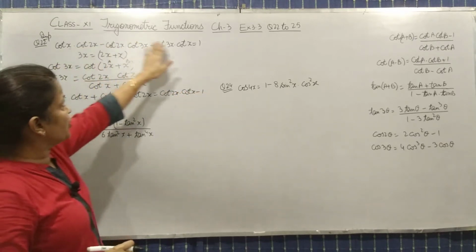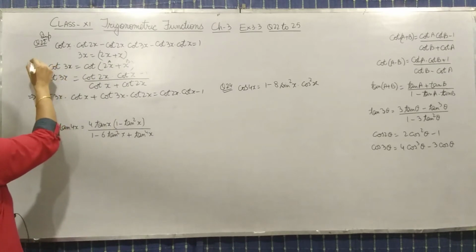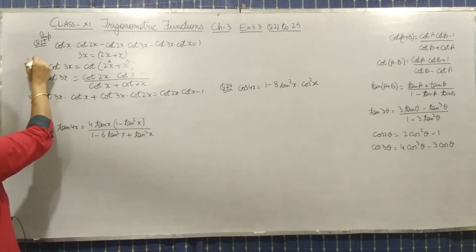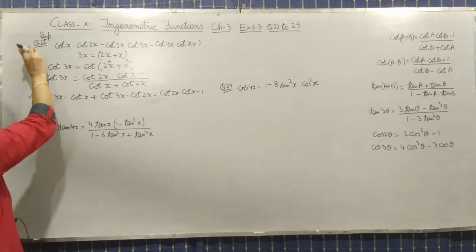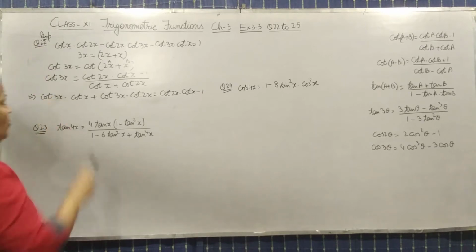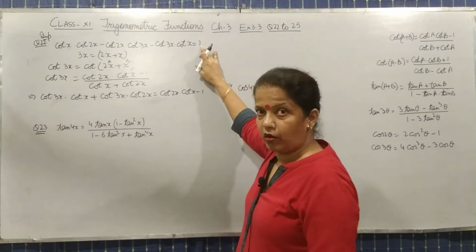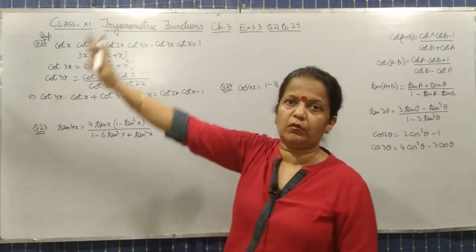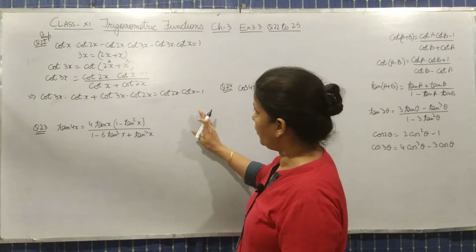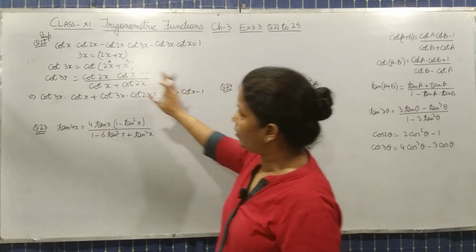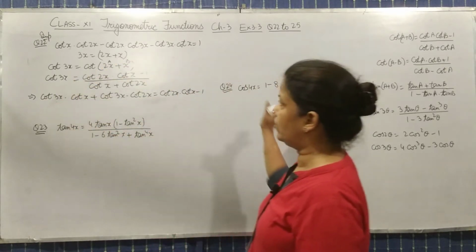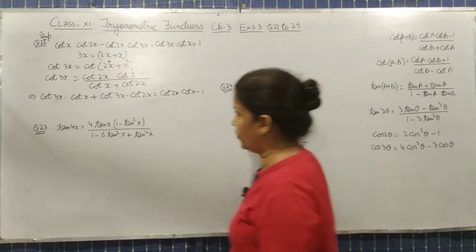Now if you look at the question, we are not solving from the LHS. In the question, 1 is on one side and the other terms are on the other side. So we will shift this 1 over here and the remaining terms to the other side to get the result.